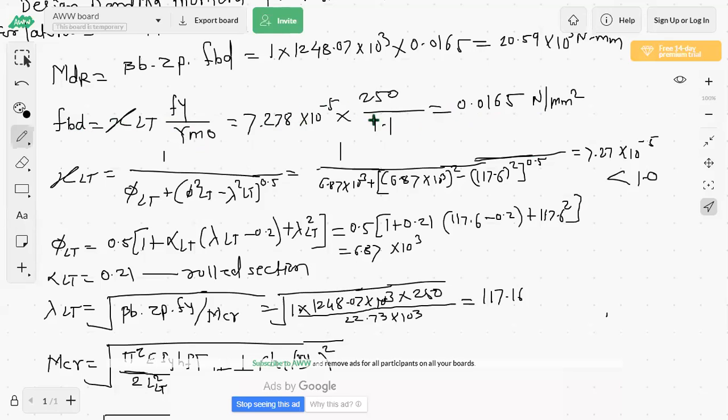FBD इज इक्वल टू, हे व्हेरीफाय करा एकदा. FBD is equal to this zeta LT Fy by gamma m naught. So this calculation please verify once again.